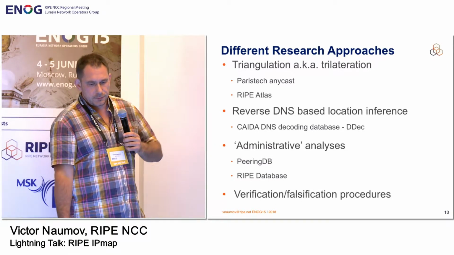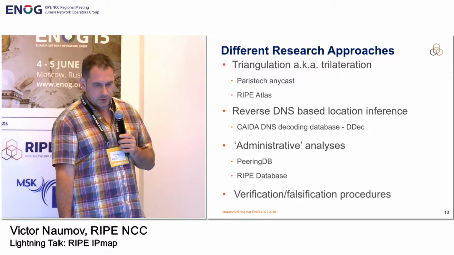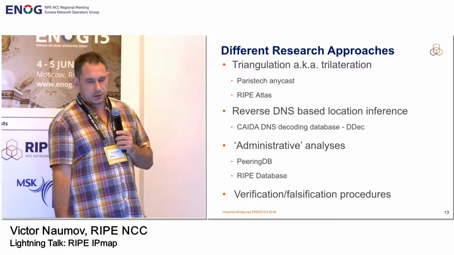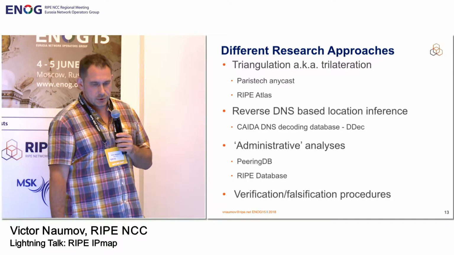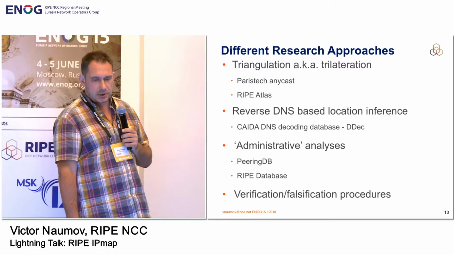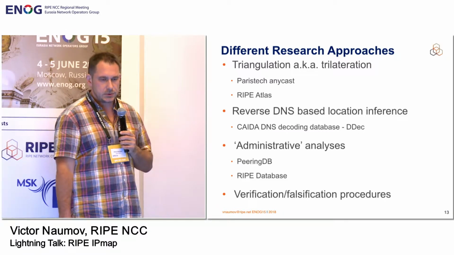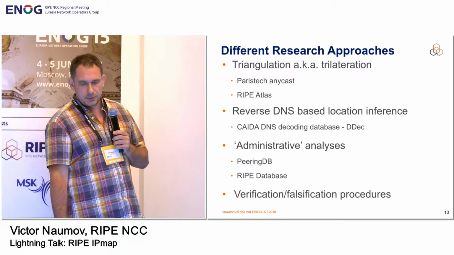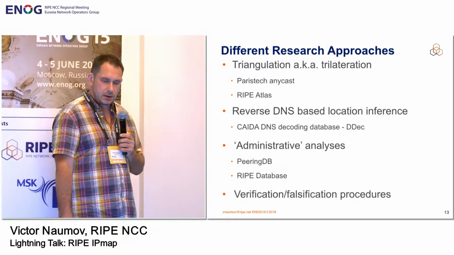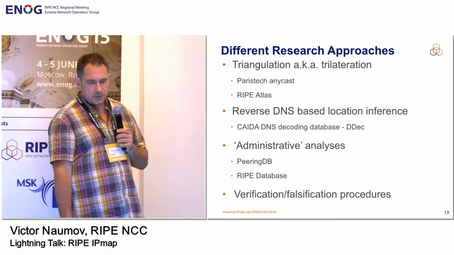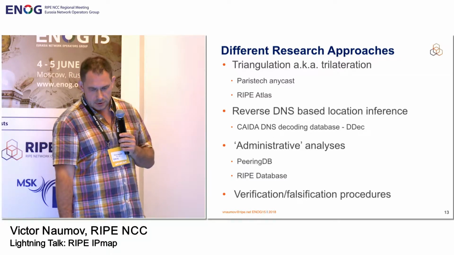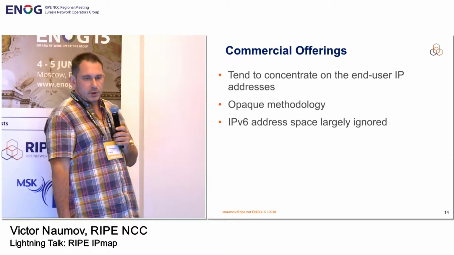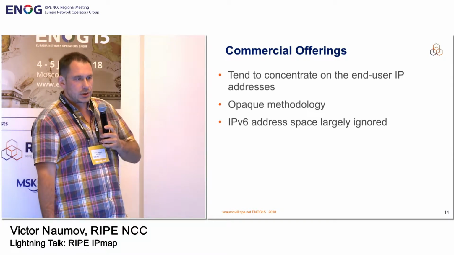What are the approaches? Triangulation, aka trilateration, based on RTT, TTL. For example, RIPE Atlas is used, per-stack unicast is used, DNS-based location inference from CAIDA is used, different administrative analysis, PeeringDB, the RIPE database are all being used.